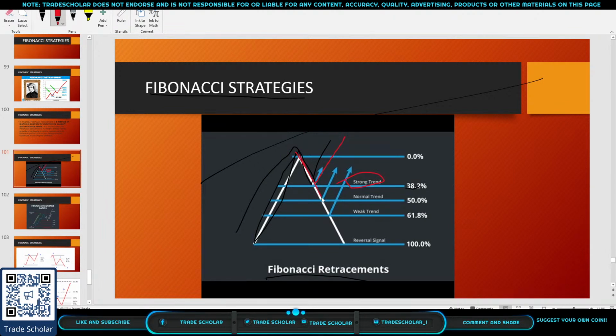If it goes down and bounces at 0.5, that's a normal trend. If it goes deeper and bounces, that's a weak trend, at 0.618. If it goes back to the point here and here, that is a reversal signal. There is no bouncing. It's a flip zone. I hope this helps you with your Fibonacci strategy.